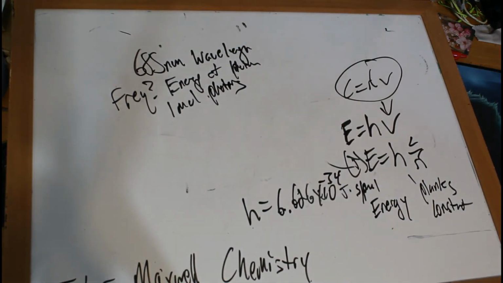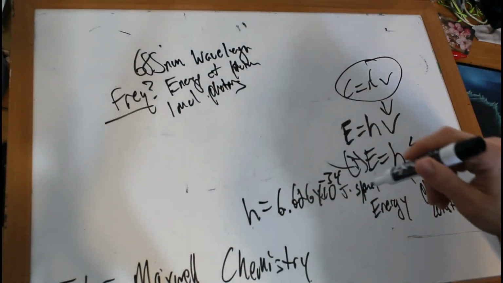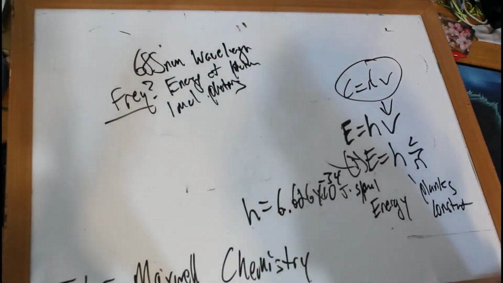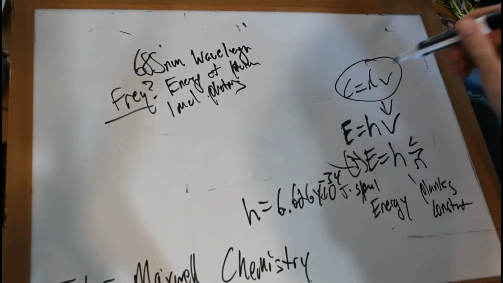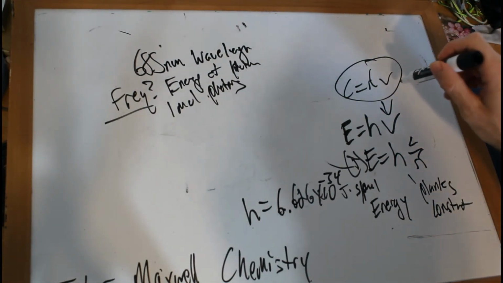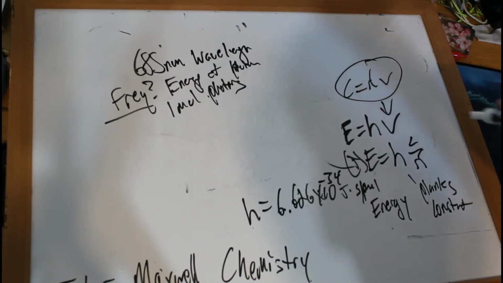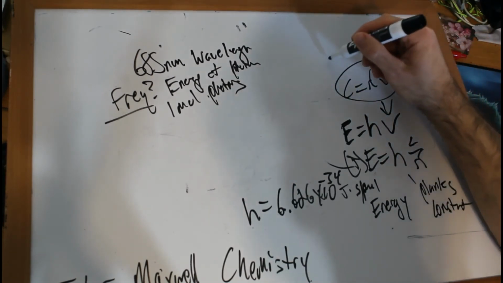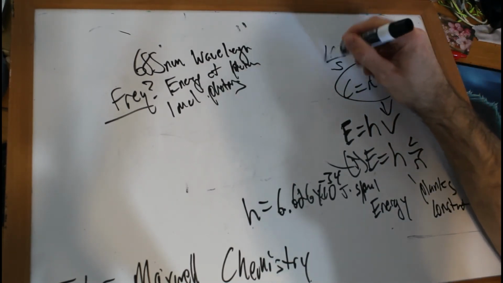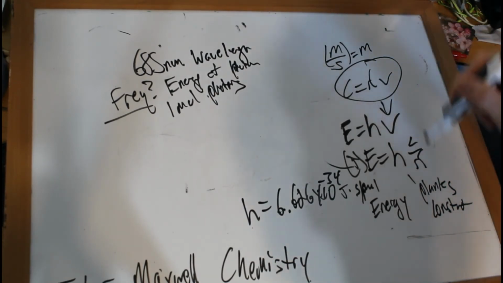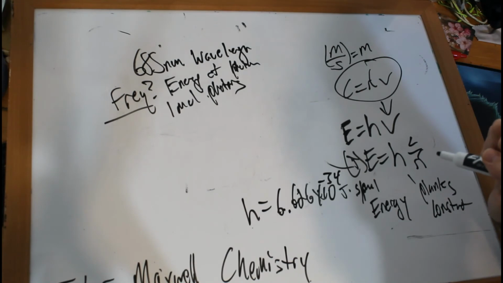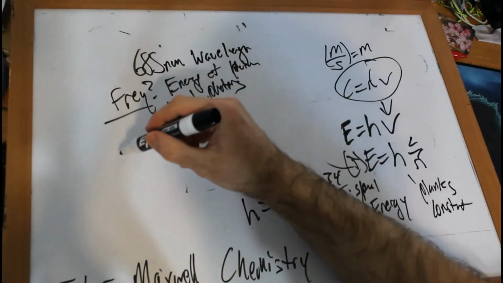So first thing, what is the frequency of the 685 nanometer wavelength? So we want to use our c is equal to wavelength times frequency, but remember c has units of meters per second. So we need to have our wavelength in units of meters. So we need to convert these nanometers to meters.